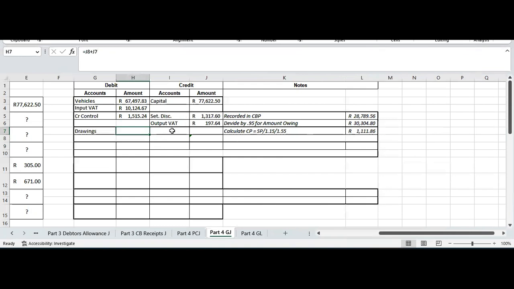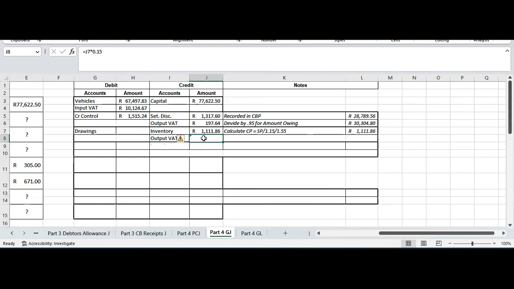Here, we will have inventory that is going to decrease, obviously, because it is taking from inventory, and it is going to decrease with the amount we just calculated as our cost price. But there is also output VAT. When he gives capital, we could claim input VAT, but when he takes, we must pay the output VAT.